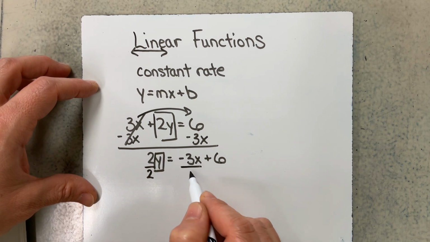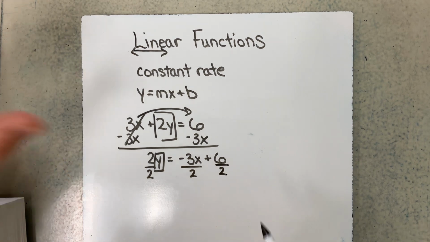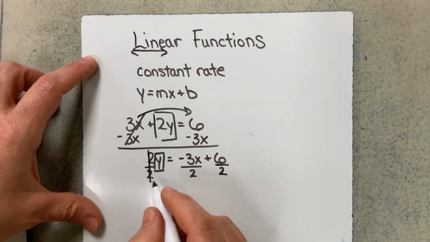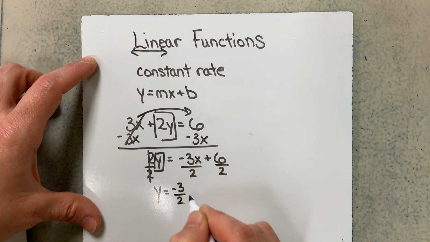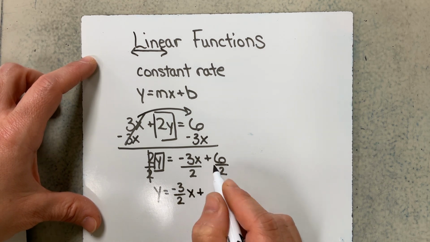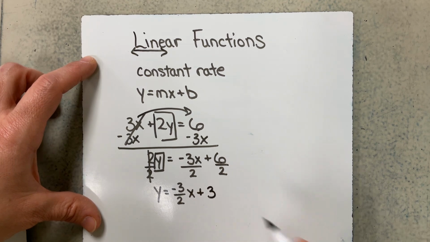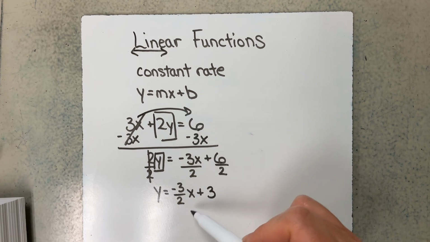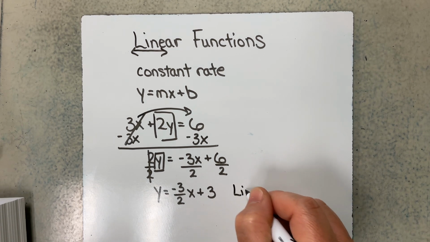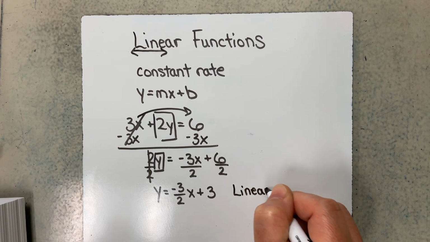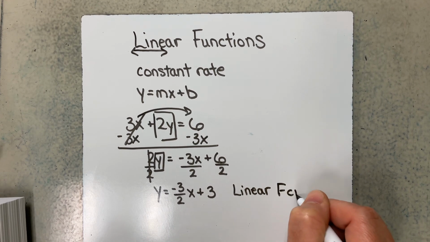I'm going to divide by 2, but I'm going to make sure I'm dividing each piece by 2. That way I get y equals -3/2 x plus 6/2, which is 3. Now, does this match that form? And yes, that does. So this is a linear function. Okay.